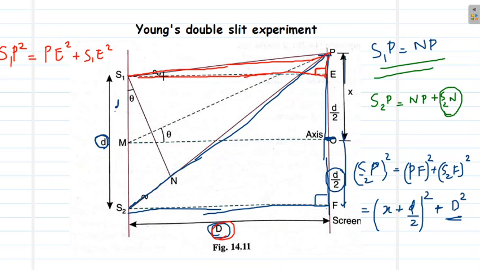Now what is PE? PE is this distance. PE is equal to x minus d by 2, right? From O up to P we have distance x, and from O up to E we have distance d by 2. So PE will be x minus d by 2. So this is equal to (x minus d by 2) the whole square plus d square.